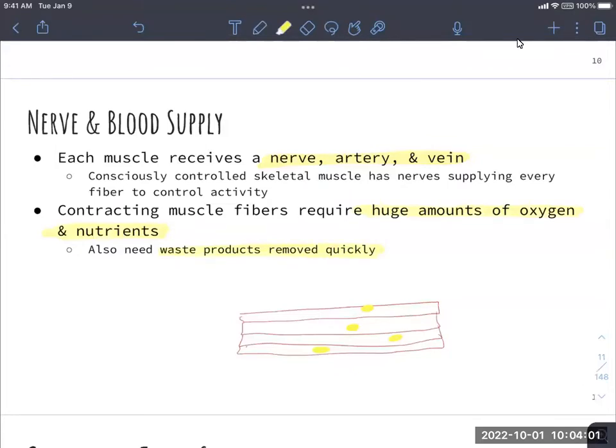We're constantly producing waste products. We'll go over exactly what those are as we talk about how muscles work. But those arteries and those veins help to pick up those waste products and get them away from muscles so we can continue doing what we want to do or need to do.